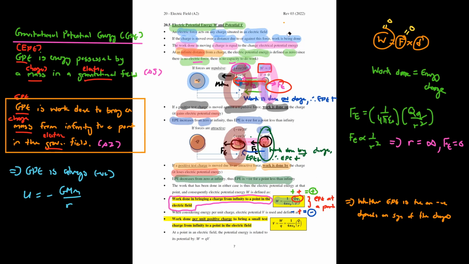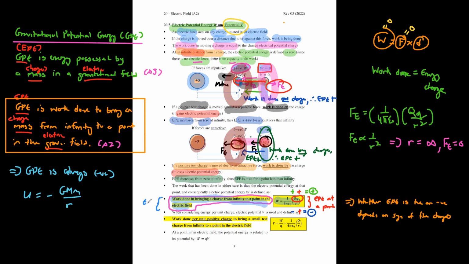Now, apart from electric potential energy, there's also something called electric potential V. V here is a symbol for a physical quantity. It is electric potential. If you look at the definition of electric potential energy from before, we said that EPE is the work done to bring a charge from infinity to a point inside an electric field.